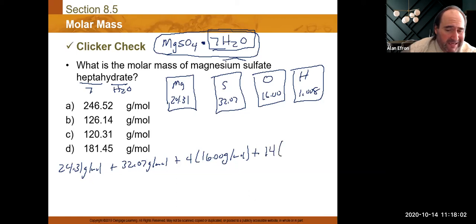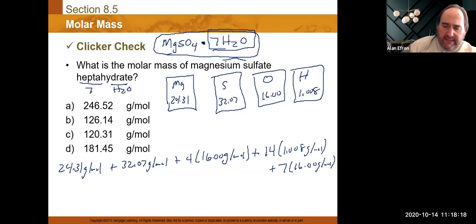So 14 hydrogens for the water and 7 oxygens also from the water part. Again, you could just do the 7 times 18.02.